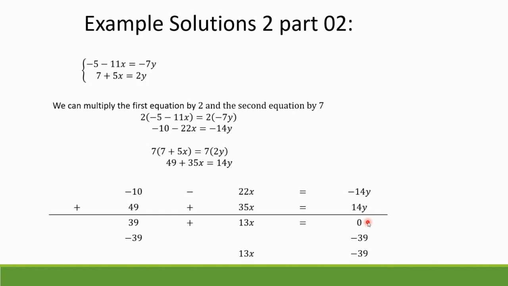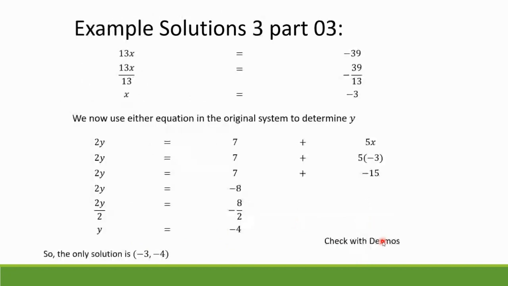But that's not so bad, right? Basically, what I did was I subtracted 39 from both sides. So we get 13x equals negative 39. But we want x, don't we? We want x. So we divide by 13, and we get x is negative 3.